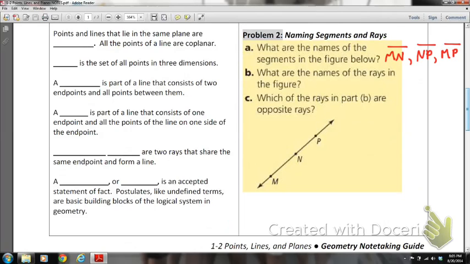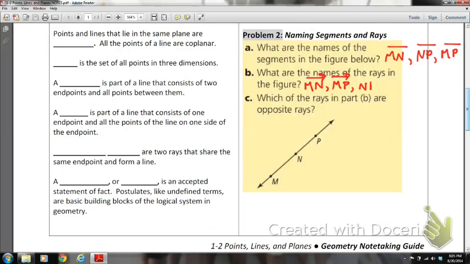What are the names of the rays in the figure? Now, rays, there is a different ray with each endpoint that it has. So let's look at the rays that would have an endpoint of M. We have a ray starting at M and going through N. We have a ray starting at M going through P. Now let's look at the rays that have N as an endpoint.